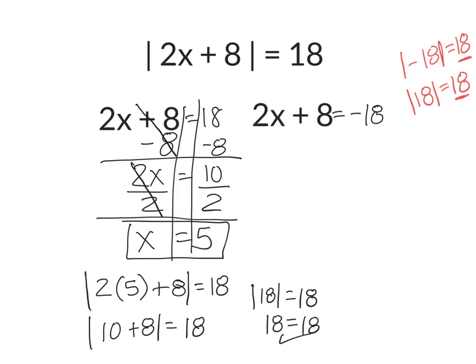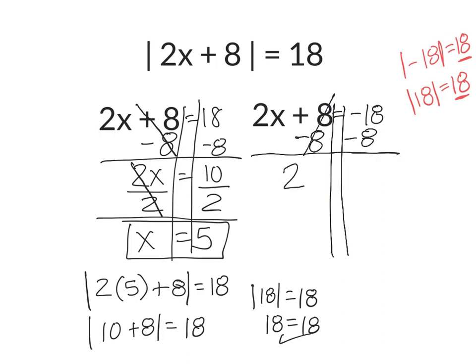Now I have another two-step equation that I can solve. Once again, I start off with minus 8 on both sides of the equal sign. Plus 8 minus 8 cancel. I'm left with positive 2x equals, on the right side, negative 18 minus 8. I can change this to an addition problem by doing plus negative.